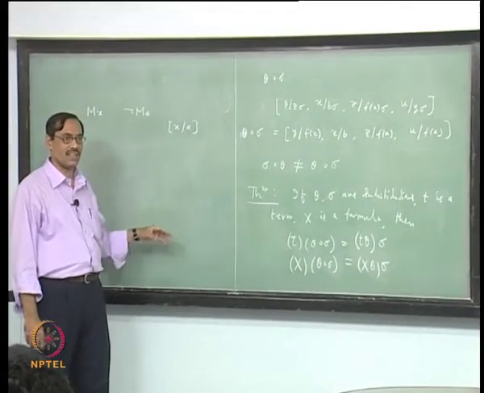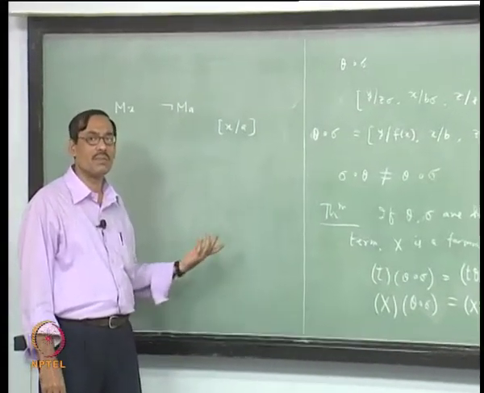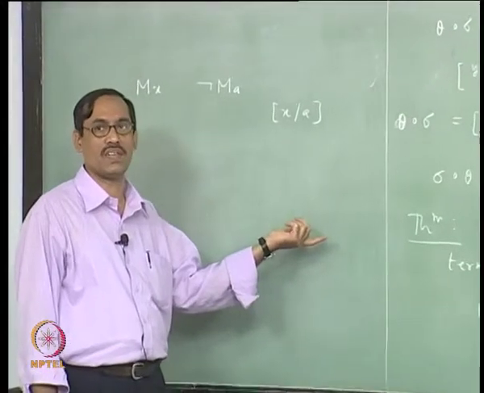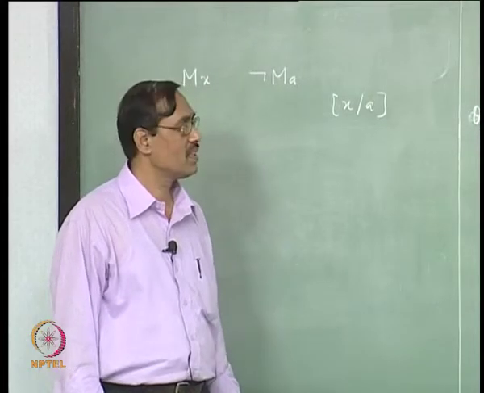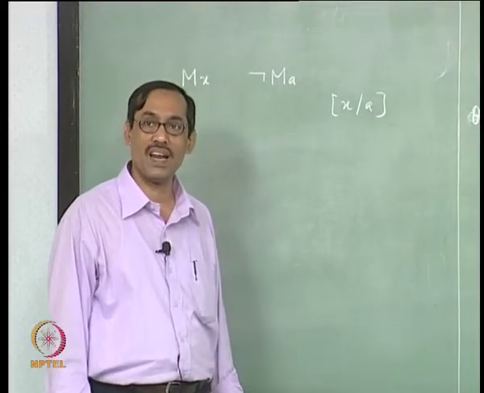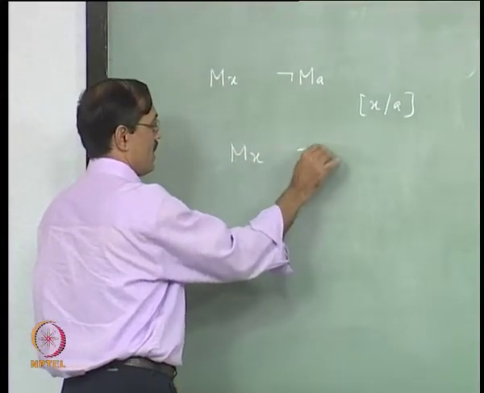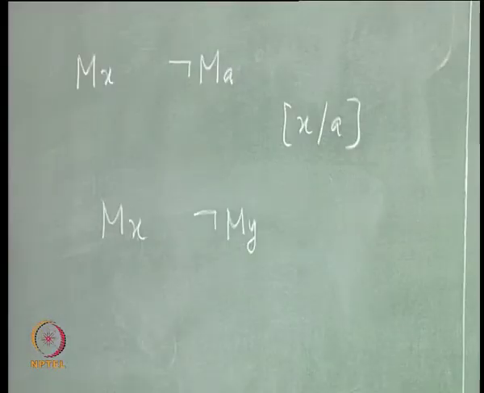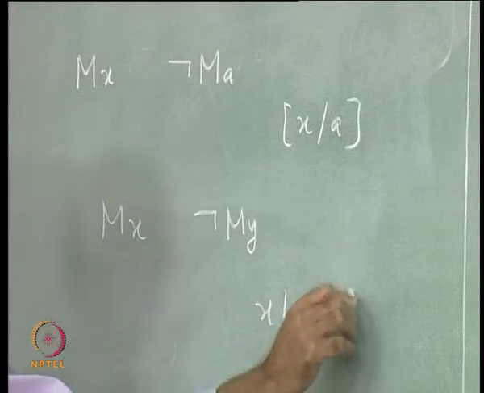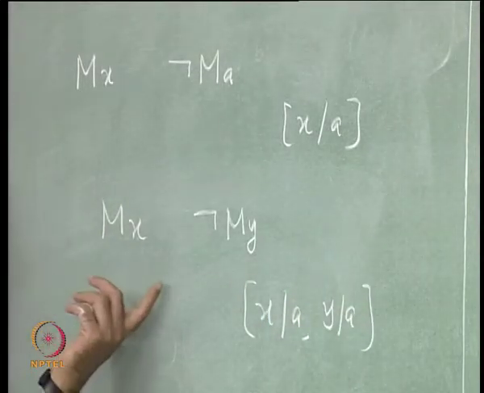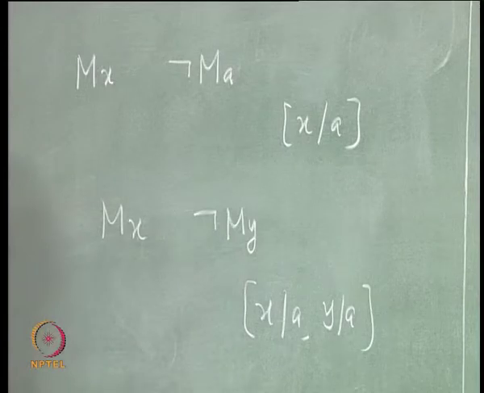We want to write one algorithm by which mechanically we will be able to get that substitution which should be applicable. But there is also a problem, even if you substitute, you may get something that is not very general. For example, I have M of x, I have not M y. I can have one substitution which is x by a, y by a. With that itself I can go for the resolution, this becomes M a, this becomes not M a, fine.